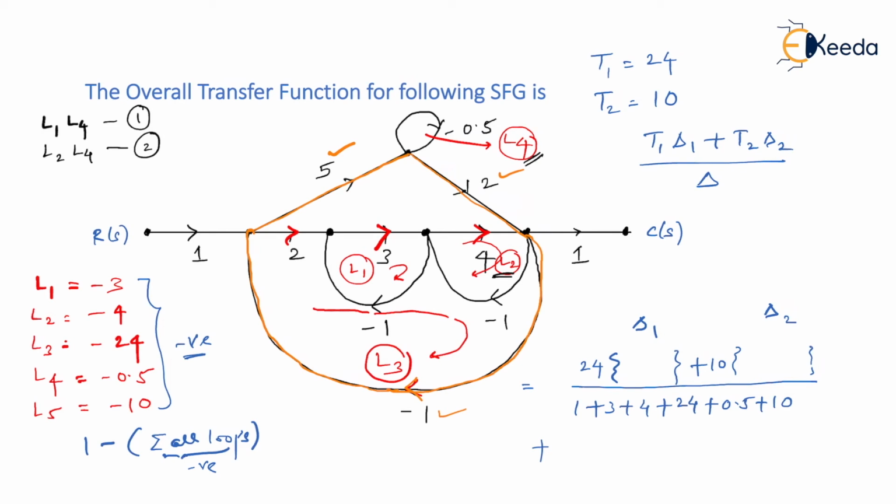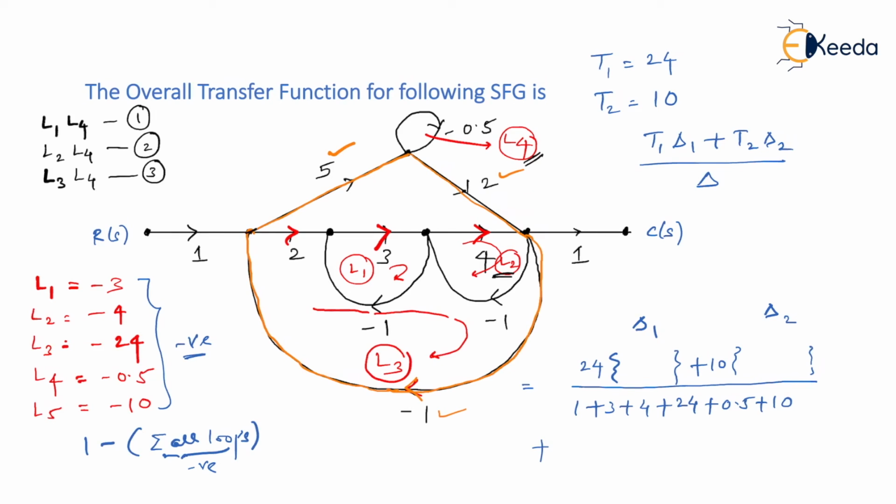Is that right? Next, I can in fact say L3 and L4. This is the third pair of two non-touching loops. Is that right? And then we have only one more option, that is L5 and L1. Please look at L5 and L1. You will understand that they are not touching each other.